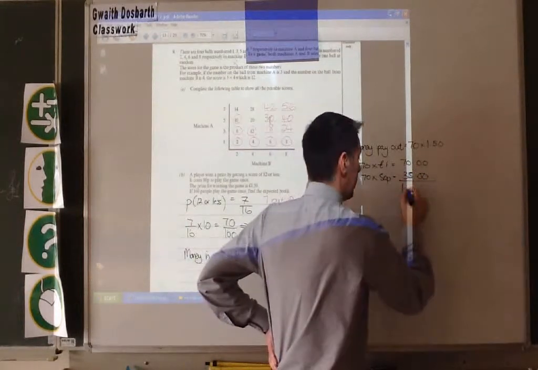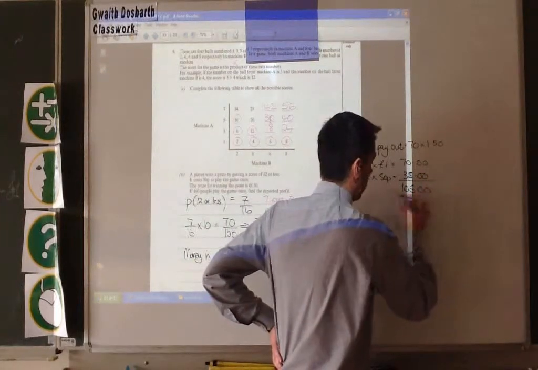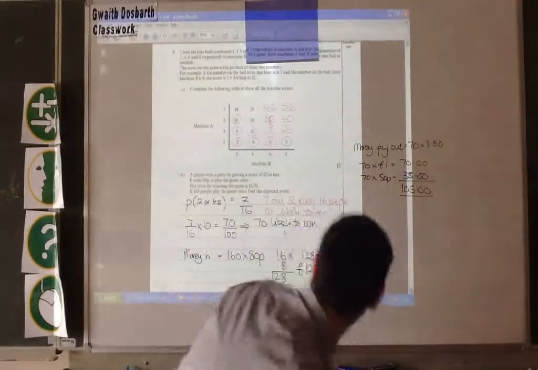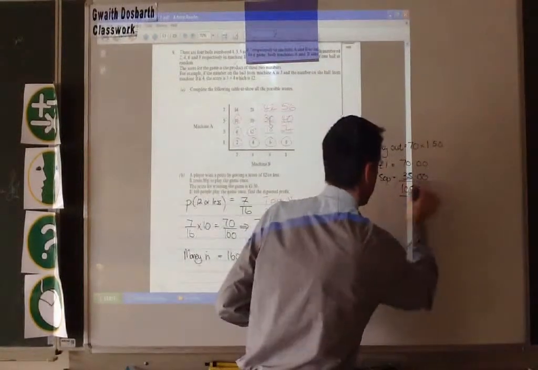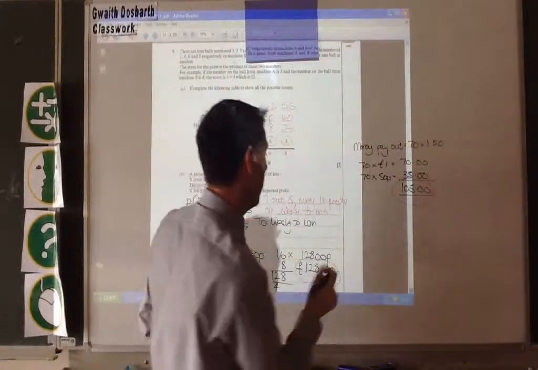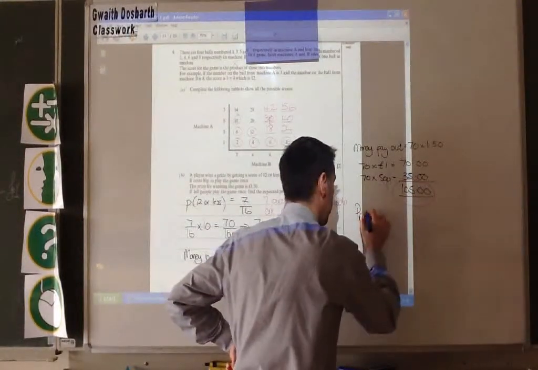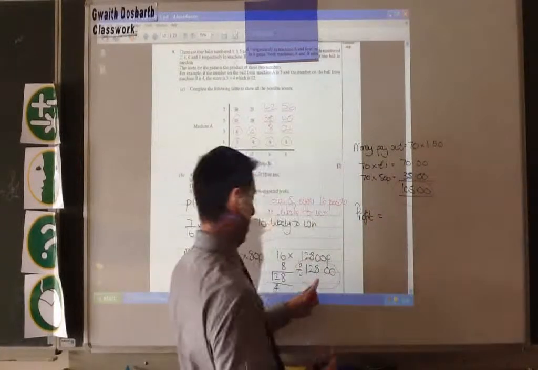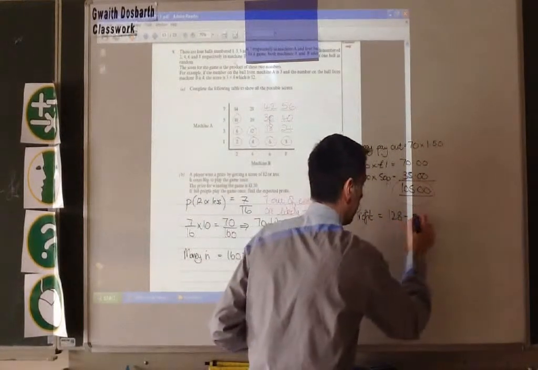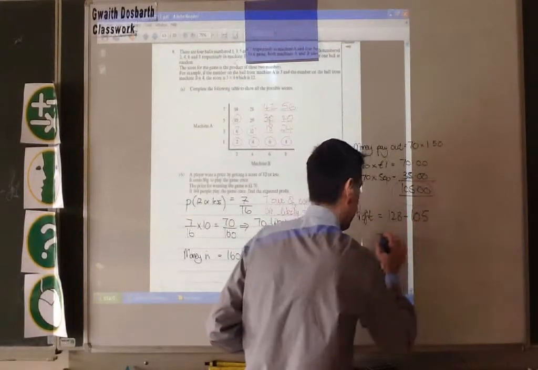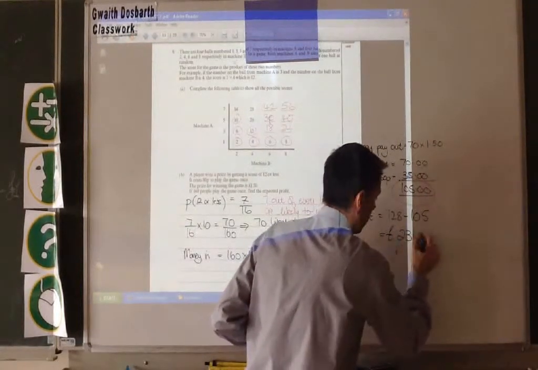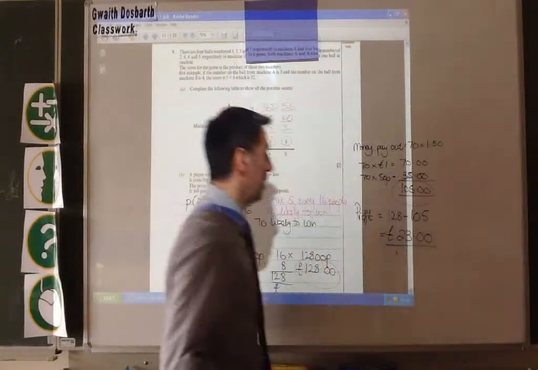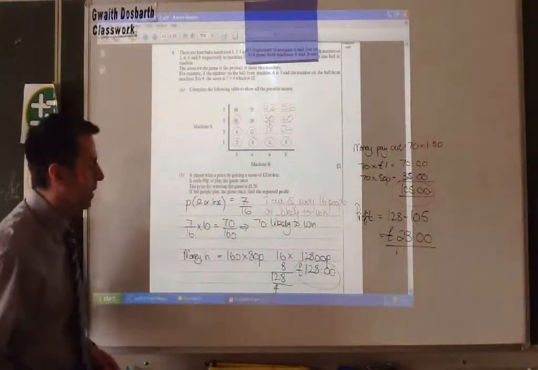So that is £105. So money in is likely to be £128. Money out is likely to be £105. So the profit that I would make is my £128, take away my £105, which leaves me with a profit of £23.